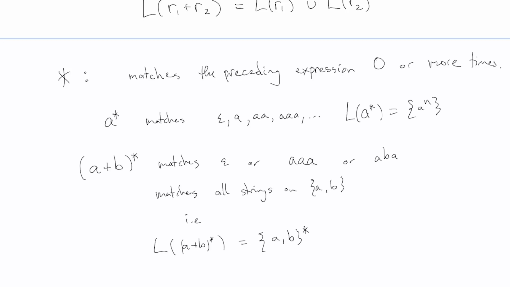And that's why the star is used in both senses. The point of this star in regular expressions is it works like this star in set theory does: all repetitions of things from this one or that one.